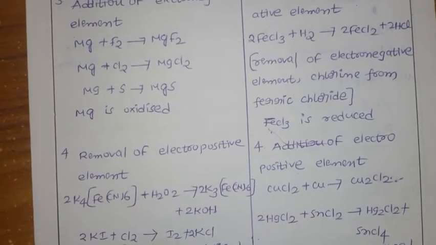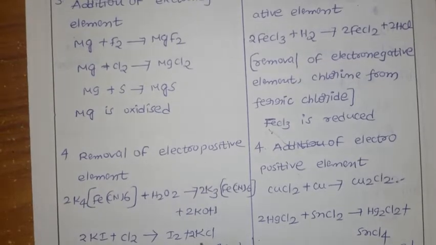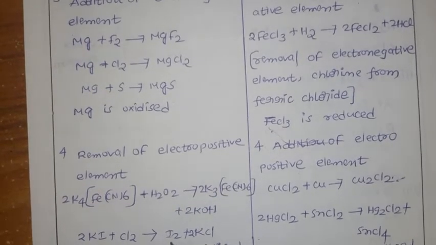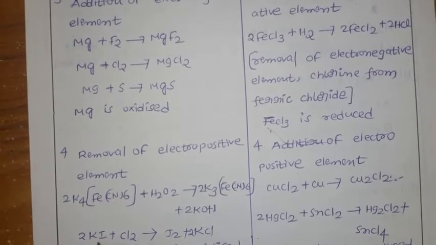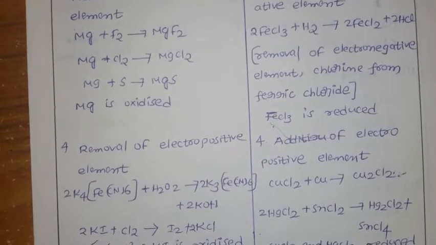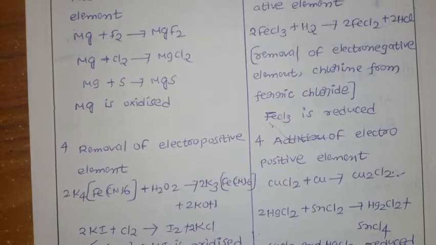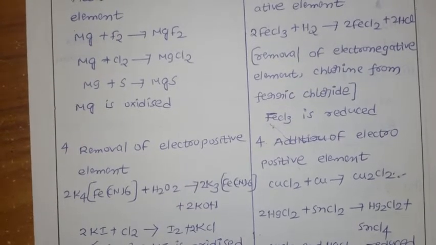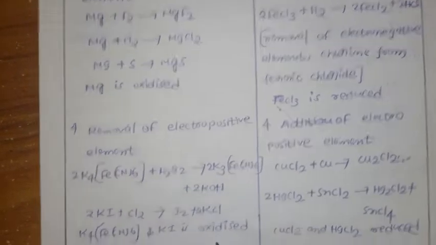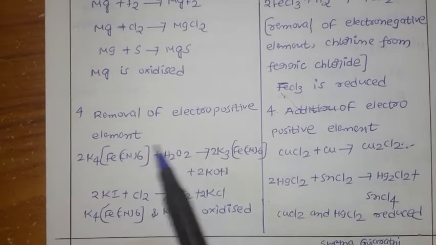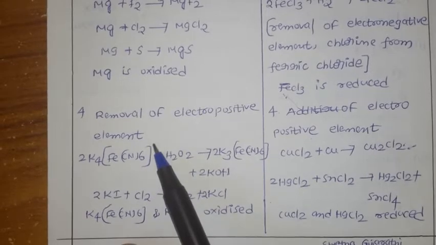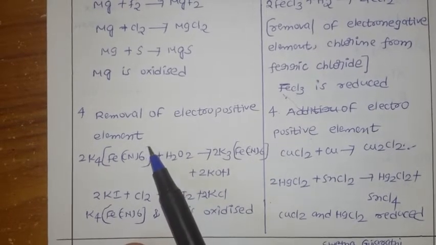Next, potassium iodide on reaction with chlorine gives I2 plus 2KCl. Here potassium iodide is converted into iodine, so you remove the potassium. So potassium ferrocyanide and potassium iodide are both oxidized. In this case we removed the electropositive element.